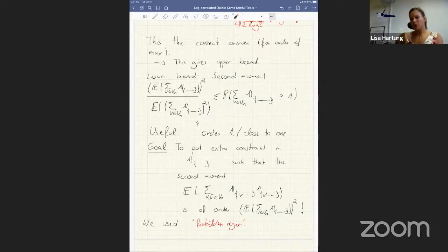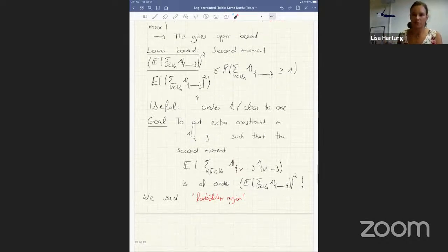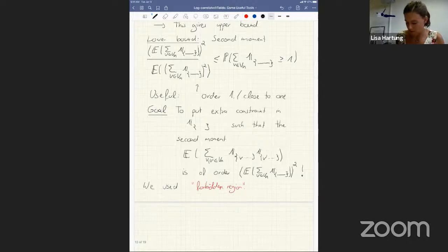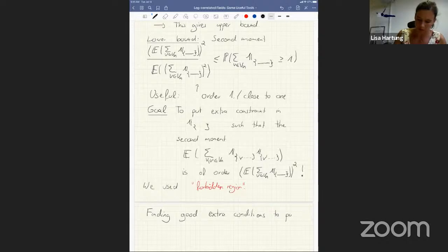And actually very often this can be an iterative process, right? So actually finding good extra conditions to put in this indicator function can be tricky.